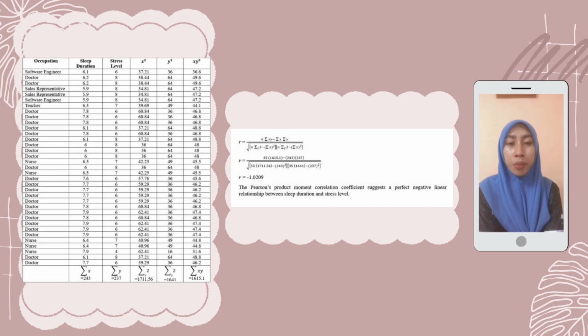Summation xy is the product of X and product of Y. Summation x square is for the value of variable X. Summation y square is for the value of variable Y, and then all the values need to be put in that formula. After that we can calculate using that formula and the answer is negative 1.0209. The Pearson product moment correlation coefficient suggests a perfect negative linear relationship between sleep duration and stress level.